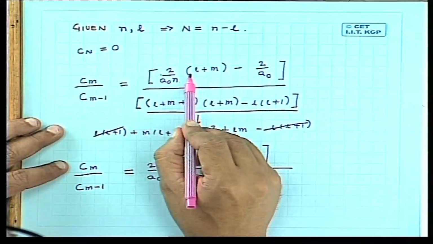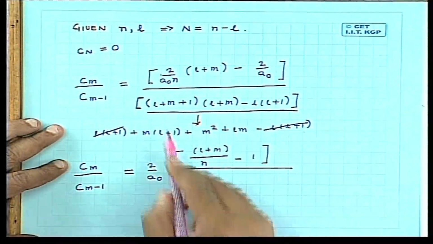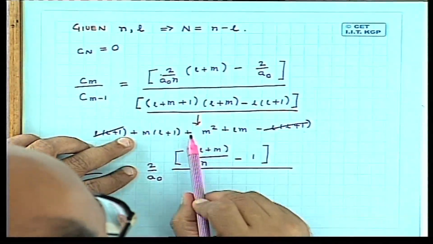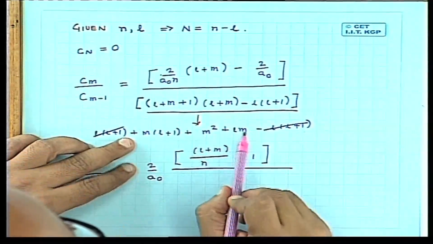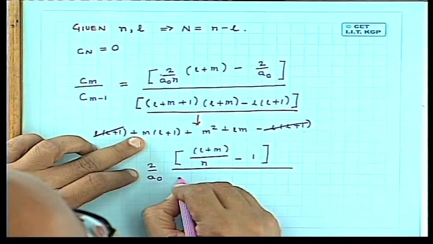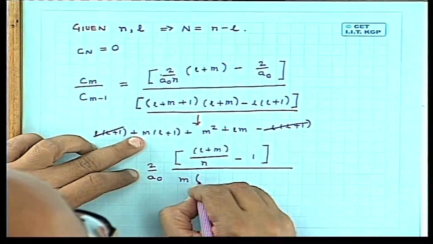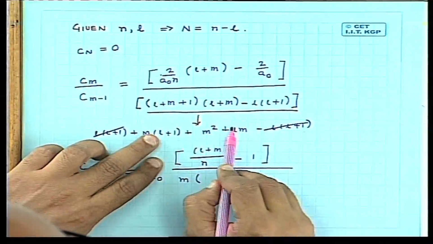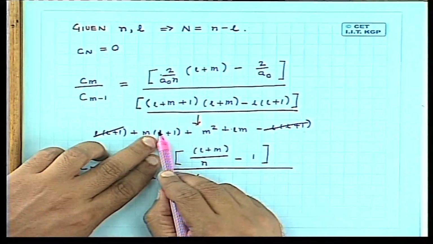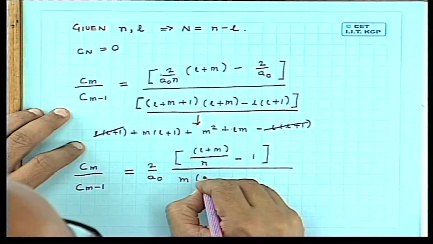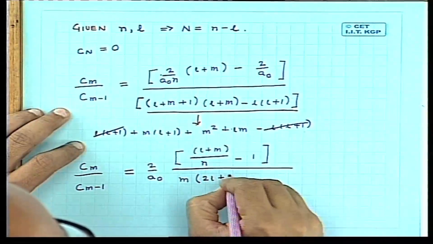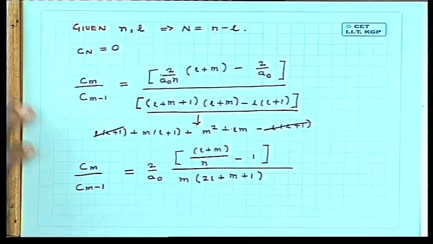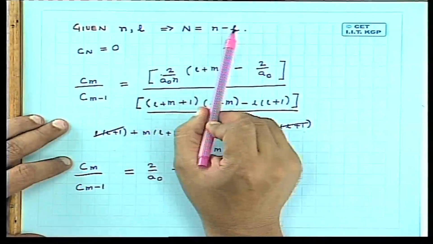There is a 1 by n here, so L plus m by n minus 1, and in the denominator I have m into L plus 1 plus m square plus Lm. I can take the m common, so I have m into L plus 1 plus L, which is 2L, this L and this L combined to give me 2L plus m plus 1. So I have 2L plus m plus 1. So this is the recursion relation for a fixed value of n and L.